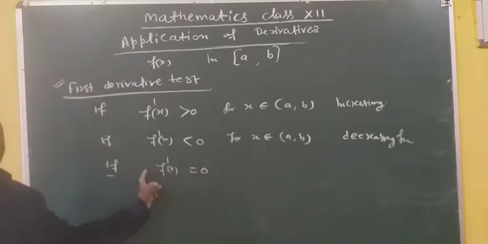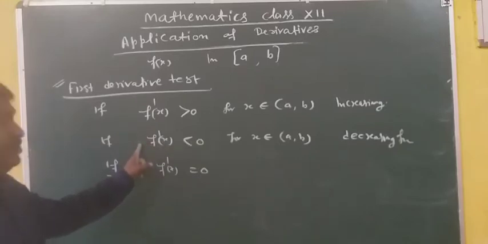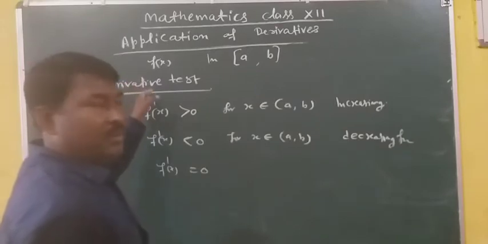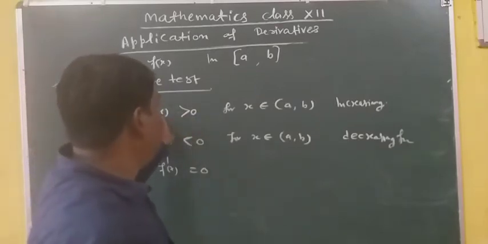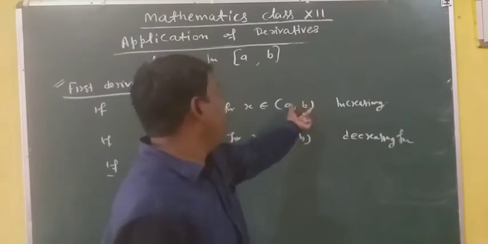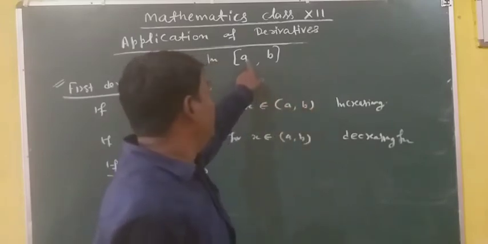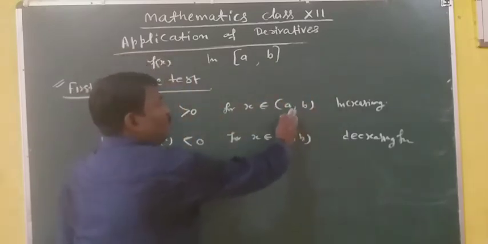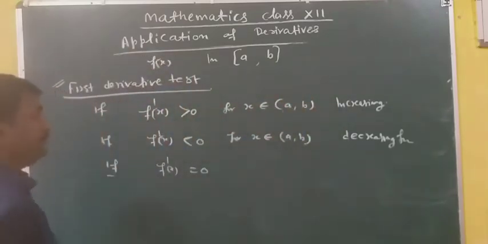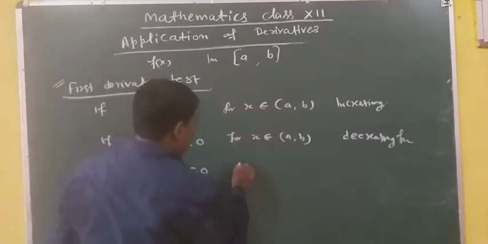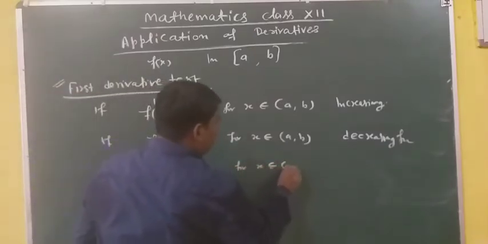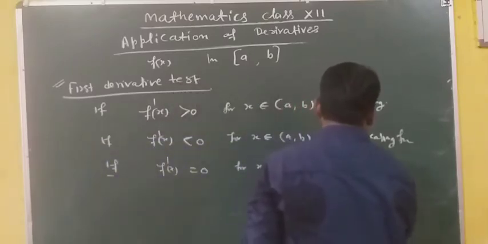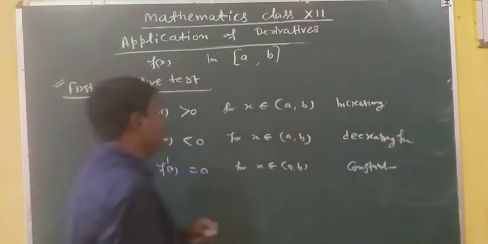And if f dash x is equal to 0 for all x belonging to (a, b), then the function is said to be a constant function. Note it is f dash, not f. Even though it is given that the interval is closed [a, b], you have to check these conditions for the open interval (a, b).